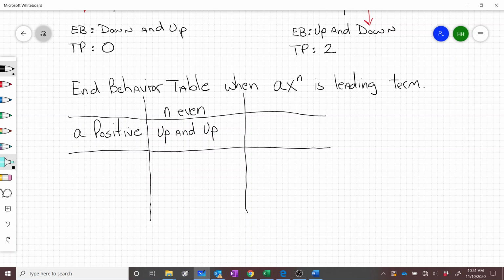If the a is positive, if the leading term is positive, but its exponent is odd, if n is odd, then we got down and up.